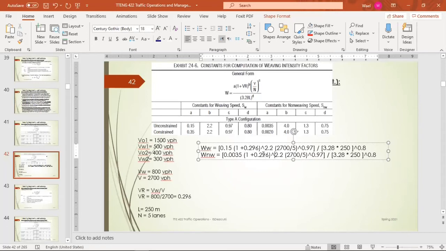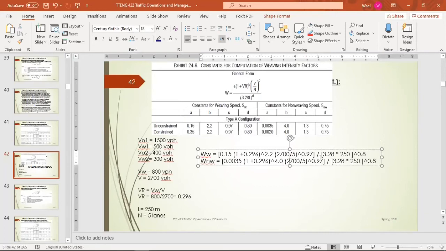It's not changing, it's the same, to the power 4.0, that's P. Okay. Multiplied by 2700 divided by N to the power of how much? 1.3, divided by 3.28 multiplied by 250 to the power of 0.75. Is that clear, guys?